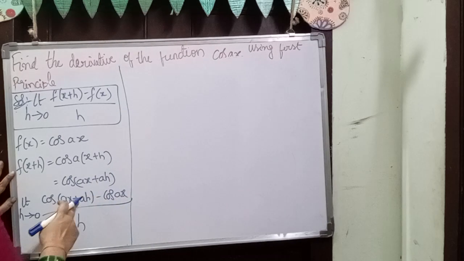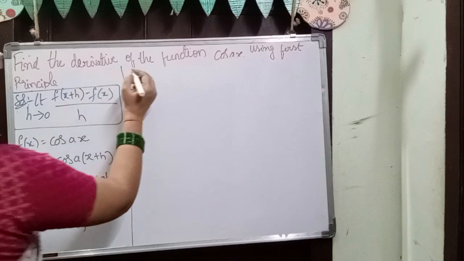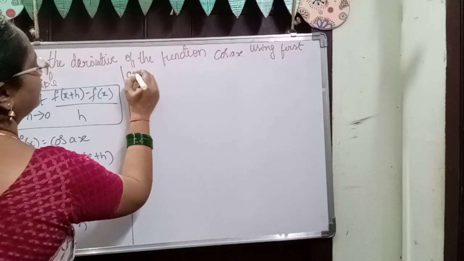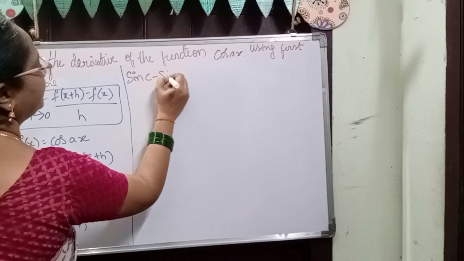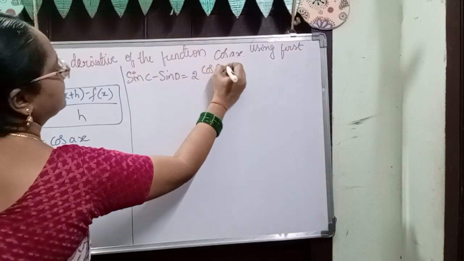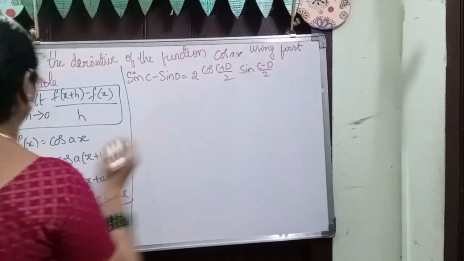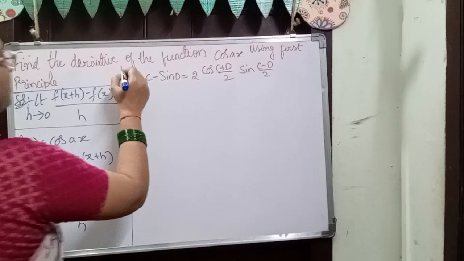Now this is in the form of cos c minus cos d, which is equal to 2 sin c plus d by 2 sin c minus d by 2. This is the formula we have to use.